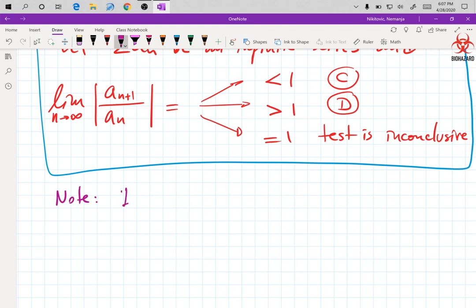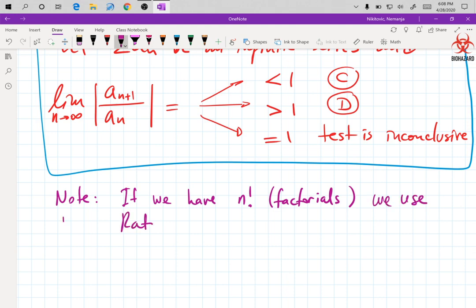Note: if we have factorials, we use the ratio test.